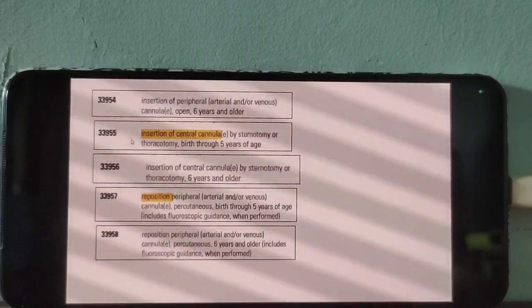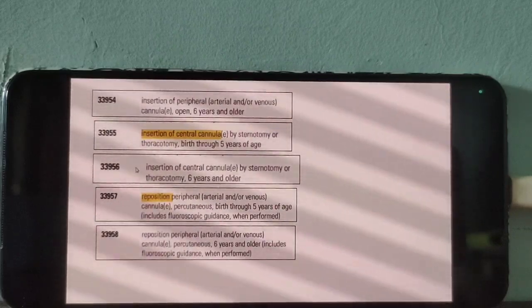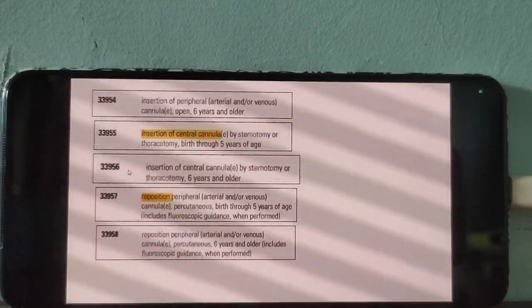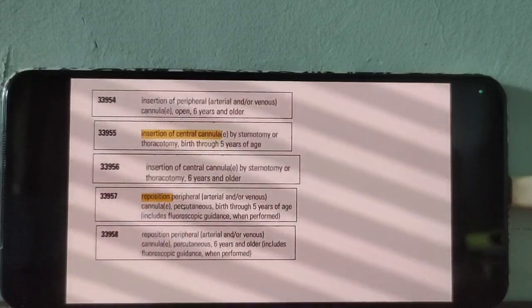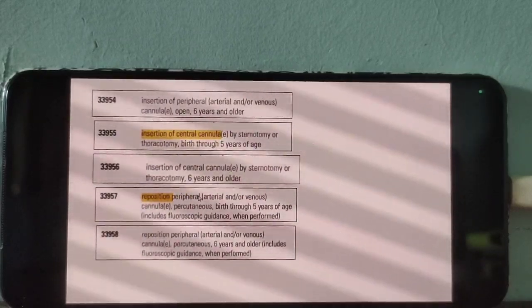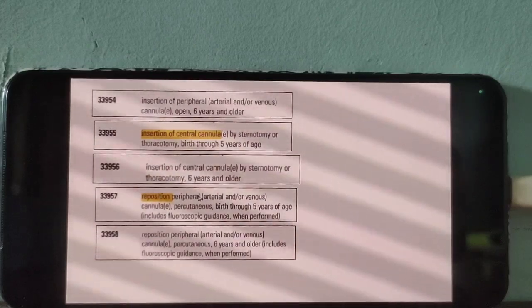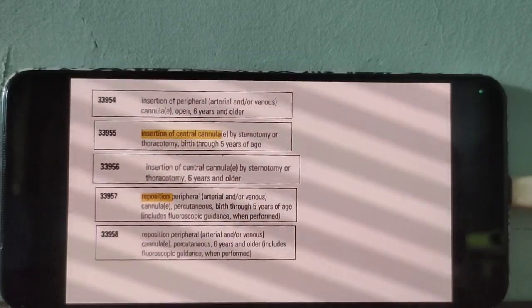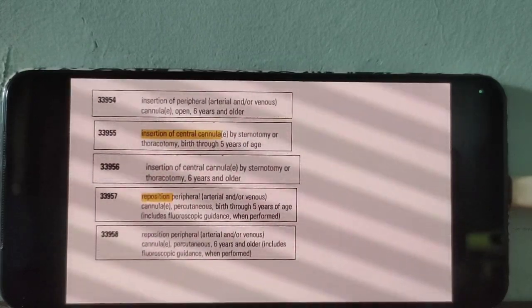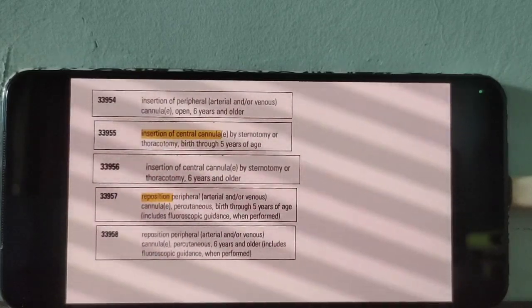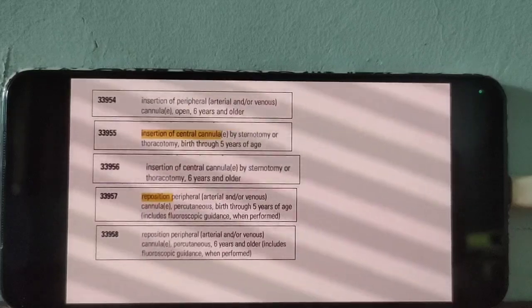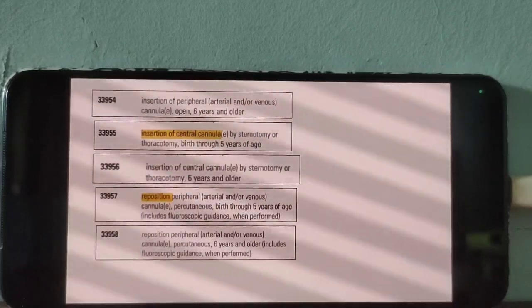Birth through 5 years, 33955; 6 years and older, 33956. And 33957 and 33958 are for repositioning of a peripheral cannula, where the device has slipped or moved from its original location, so the doctor performs a procedure.